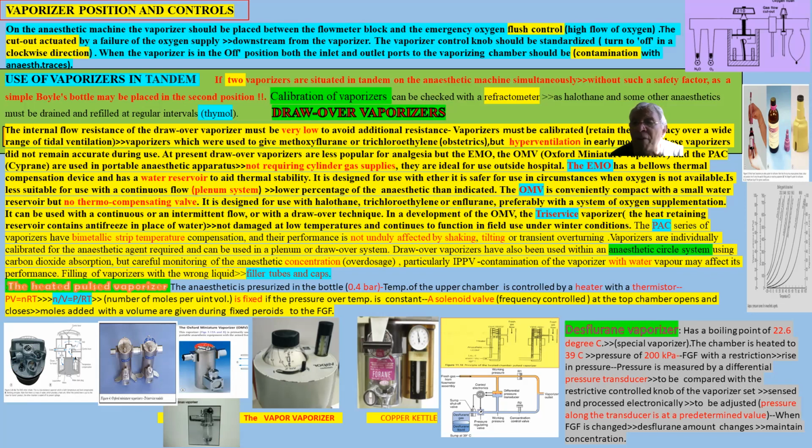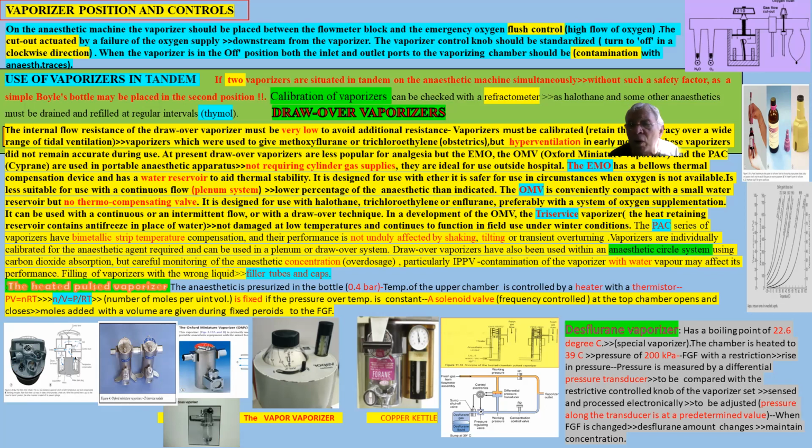This is why we have to have an electronic heated automated vaporizer, as we can see. Before it, I want to mention what we call the heated pulsed vaporizer. This is the beginning of the idea of the direct injection of liquid anesthetic into the circuit. The bottle is attached to this system through a special tube.